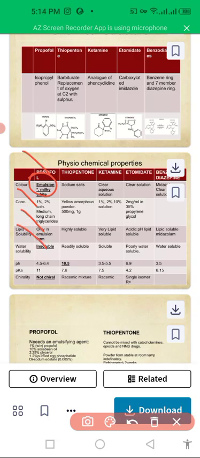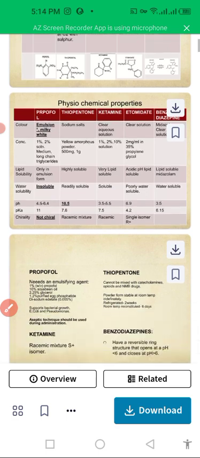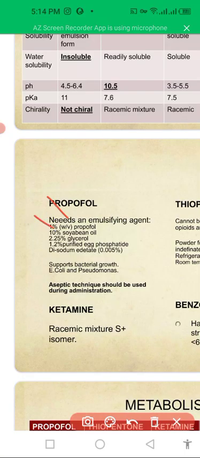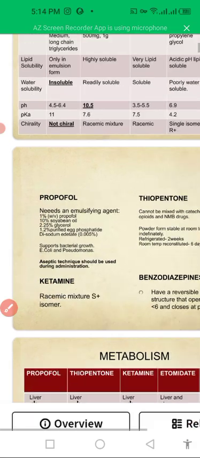Ketamine is a clear aqueous solution, and it is very lipid soluble. Benzodiazepines like midazolam are also a clear solution and lipid soluble. Propofol needs an emulsifying agent, and there are different percentages of propofol. Ketamine is a racemic mixture of isomers.